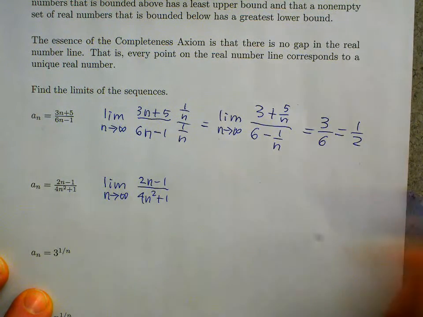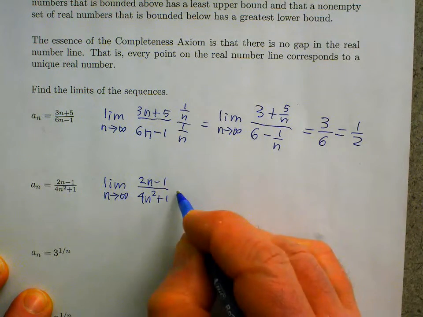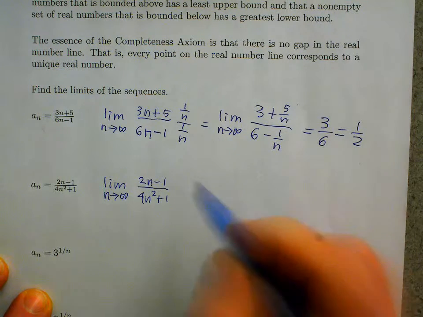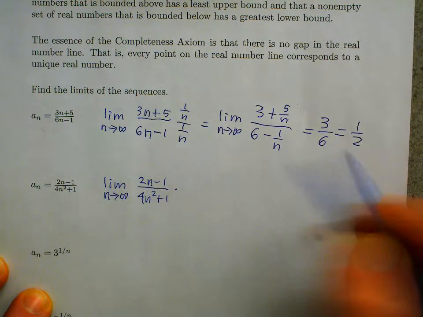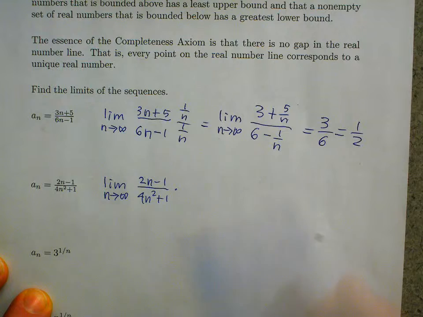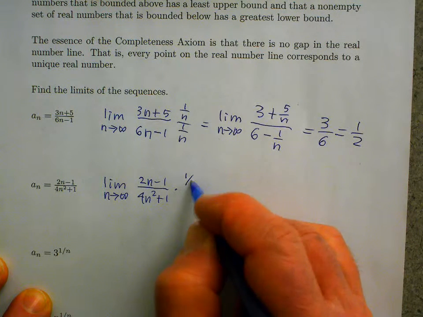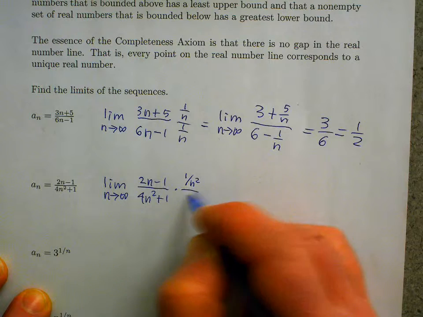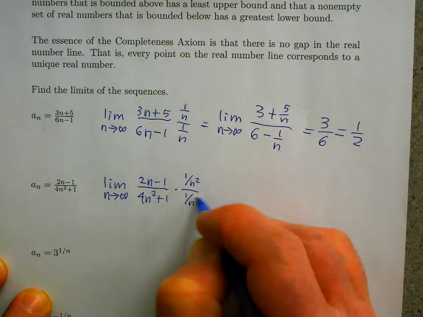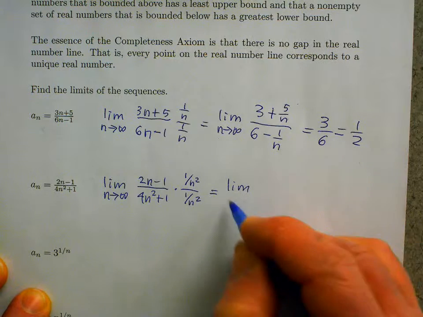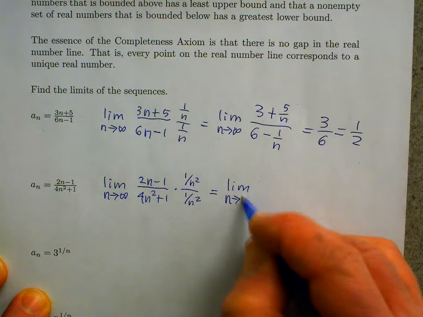So borrowing what we did in Calc 1, the term with the largest exponent in the denominator is 4n to the second. So if we multiply the rational expression by 1 in the form 1 divided by n to the second over 1 divided by n to the second, we can write this as the limit as n approaches infinity.